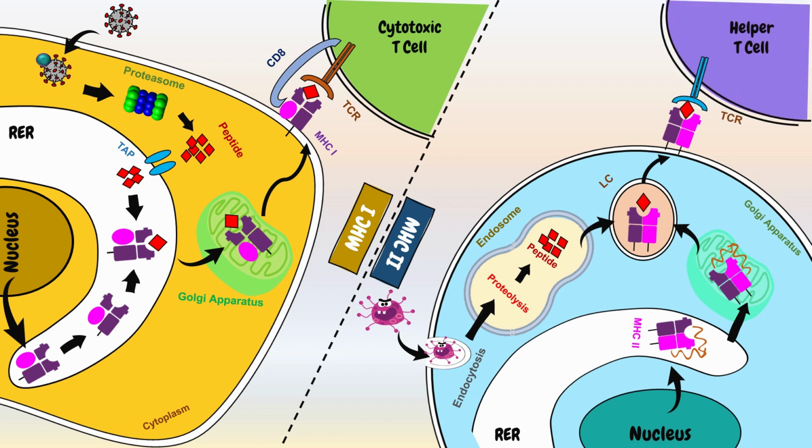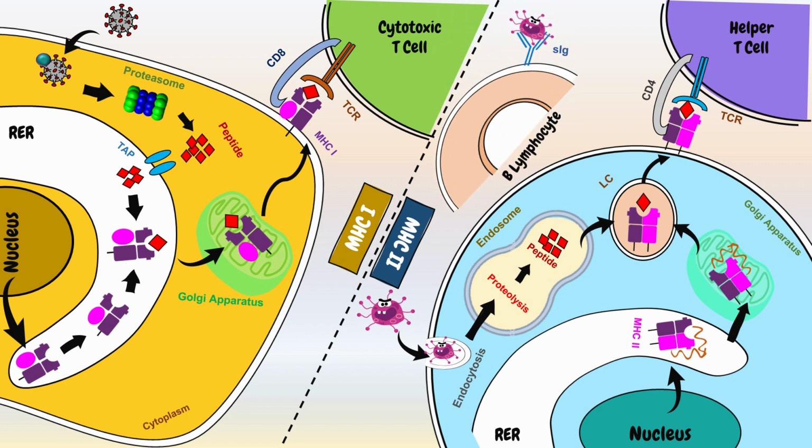But in MHC class II pathway, helper T cell has T cell receptor, and the CD4 co-receptor is a molecule expressed on helper T cells that interacts with MHC class II molecules, ensuring that the T cell response, that is cytokine secretion, and B lymphocytes produce a response against antigen through production of antibodies.